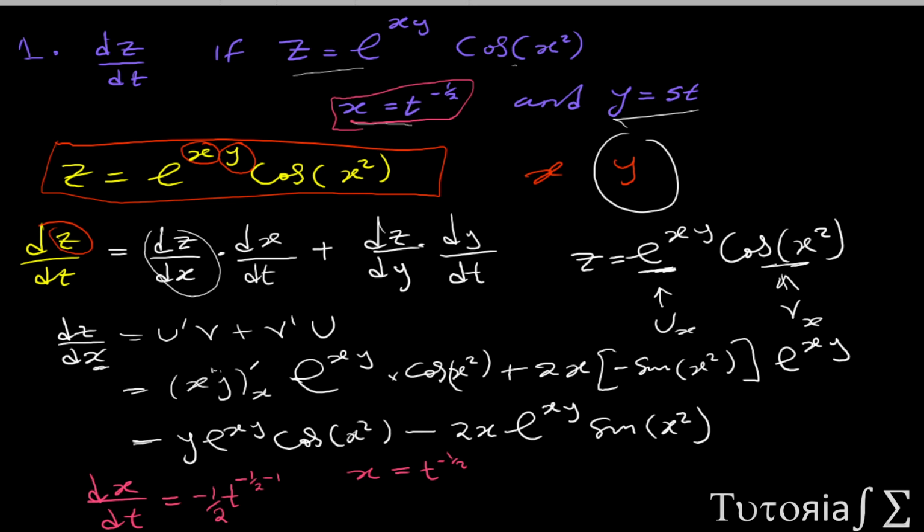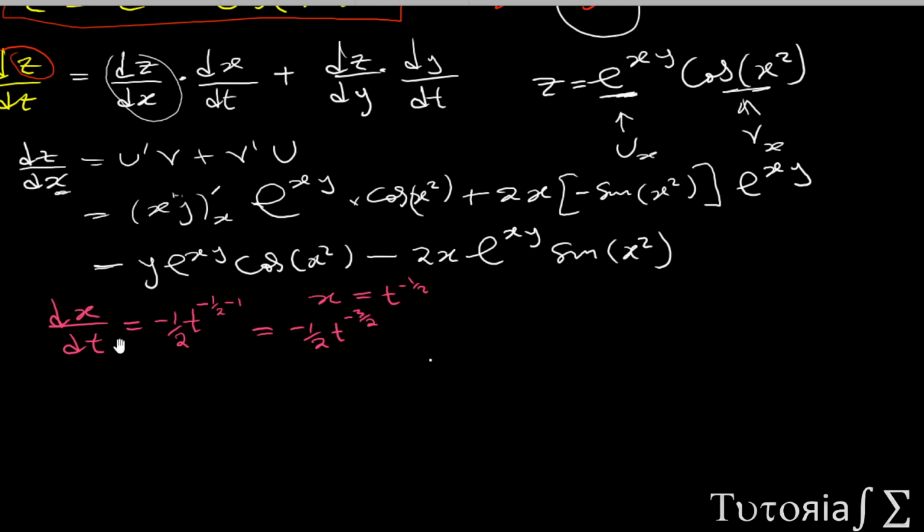Simplifying that, we are going to have this equal to negative half t to the power negative 3 over 2. So that is the dx dt. So we found our dx dt, which is this part here.